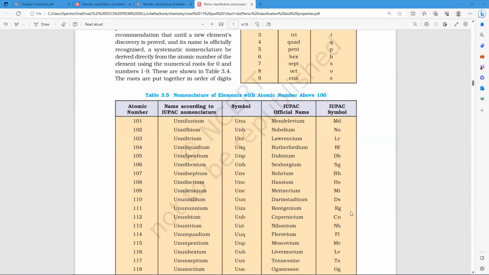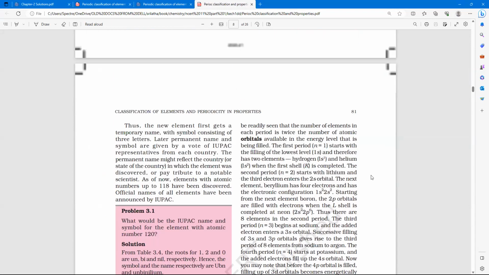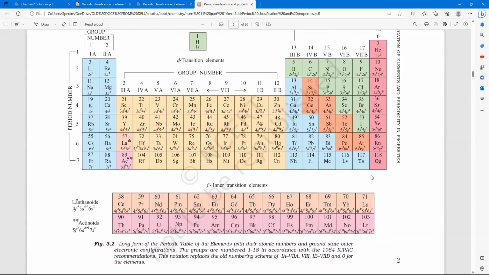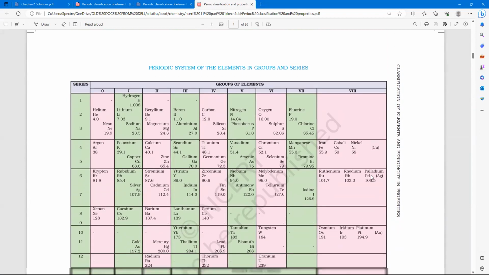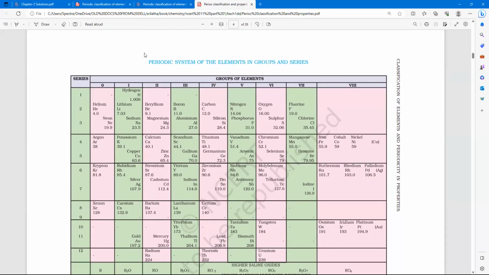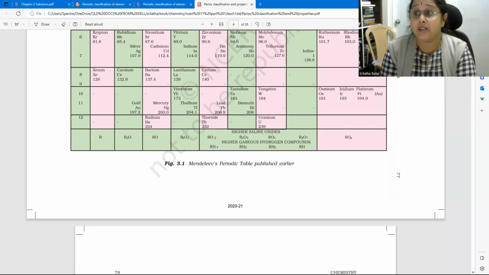Okay, let me share this. Can you see your textbook? Is the table visible? Yes, ma'am.